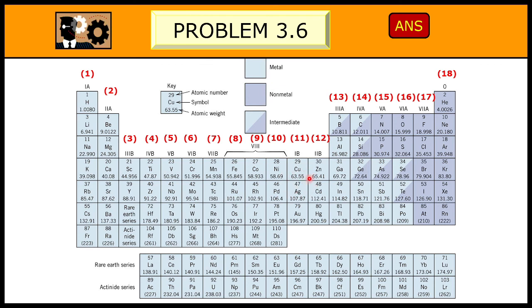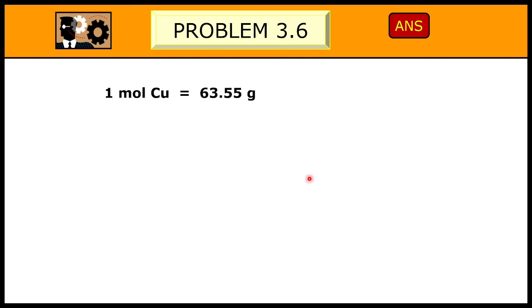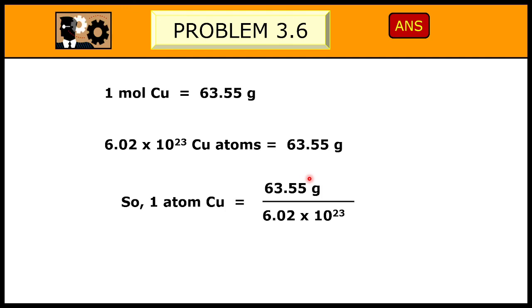So 1 mole of copper equals 63.55 gram. For 1 mole, the Avogadro number, or the number of atoms, is 6.02 times 10 power of 23. So for 1 atom, it is 63.55 over 6.02 times 10 power of 23. So for 1 atom, the mass is 1.056 times 10 power of -22 gram.